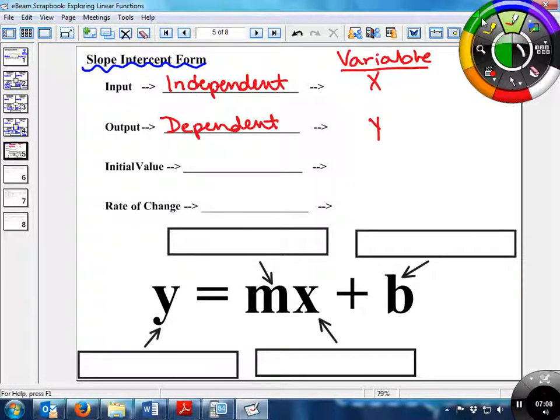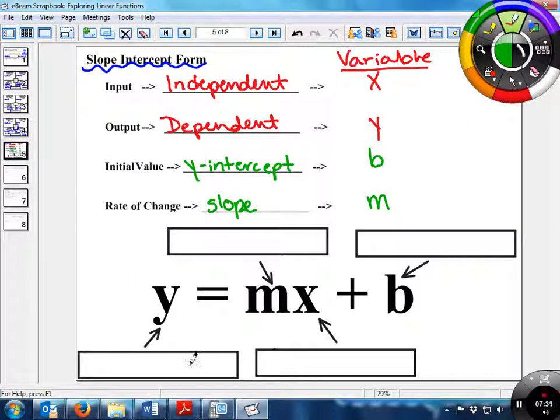Okay, so the new pieces are the initial value. This is also known as the y-intercept. Where is it going to intercept the y-axis if you're looking at a graph? And this is going to be represented by the variable b. And the rate of change, yesterday we talked about that this is also called the slope, and that is represented by the variable m.